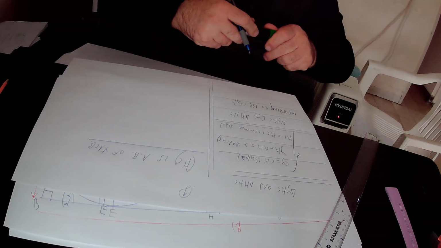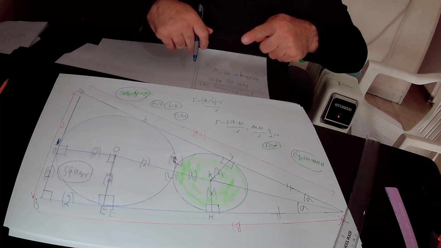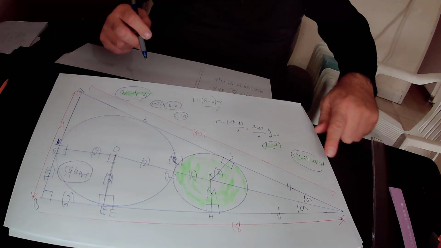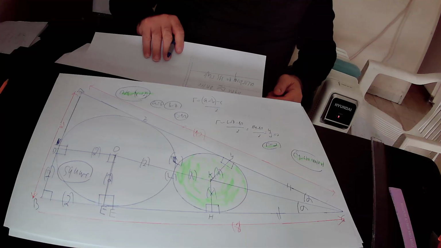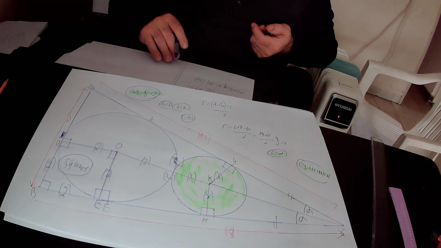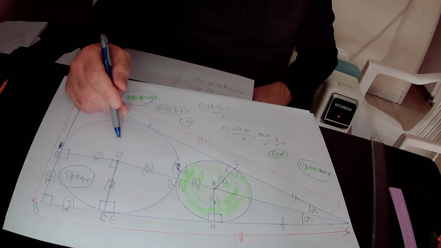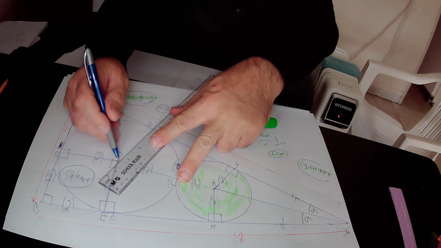Okay, again, we found out that the common side KC is the angle bisector of this angle ACB because it bisects angle ACB into two halves, each half equals alpha. In the next step, we join points O and Z together by a straight line.